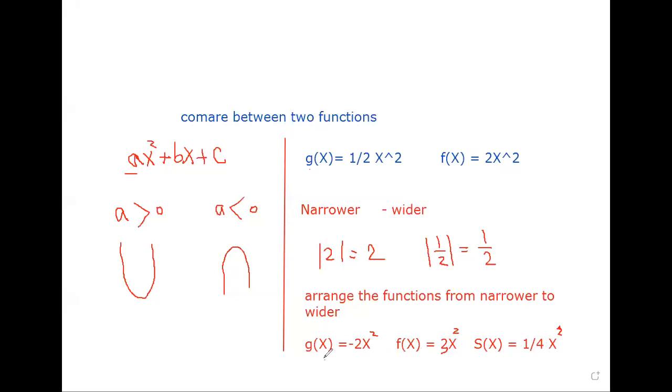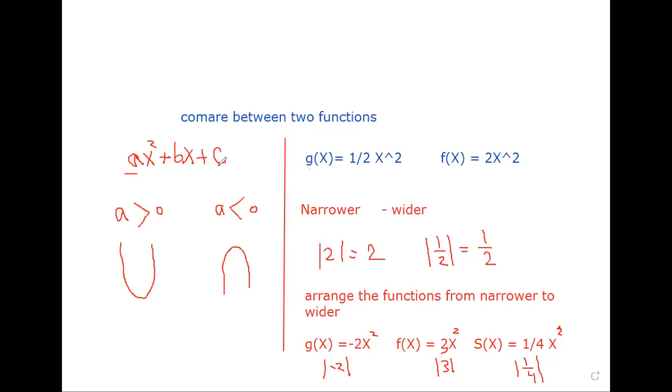Very good, because we have to find the absolute value: the absolute value of negative 2, the absolute value of 3, the absolute value of a quarter. We want to rearrange the functions from narrower to wider, which means from greater to smaller. So we have 3 and then 2 and then a quarter.